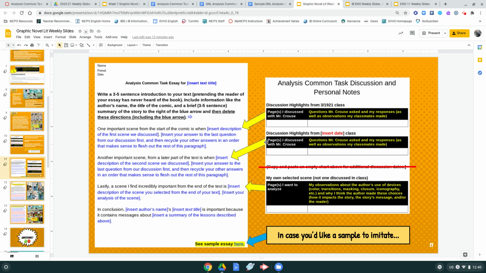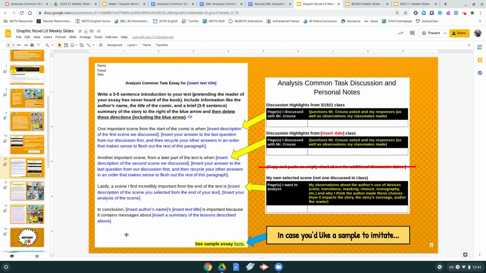Repeat the same process for the second discussion for your second body paragraph. I already gave you the transition: Another important scene from a later part of the text is when. And then your last body paragraph is from your selected scene. Really important from the end of the text is, fill in those blanks, following the same procedures that you used from above.